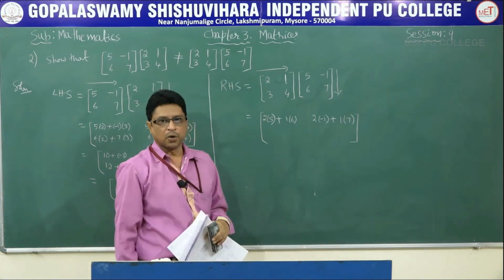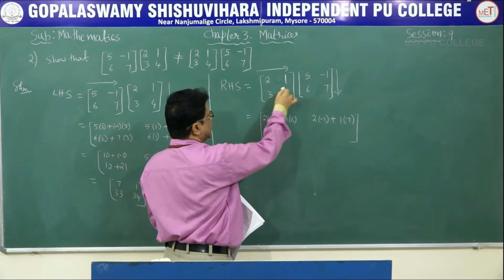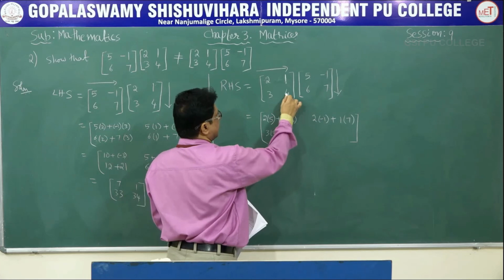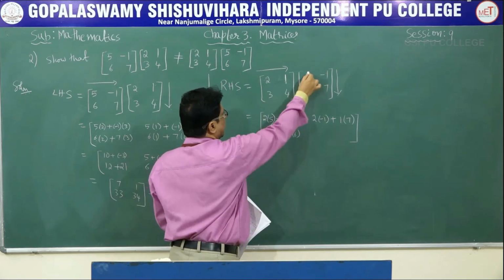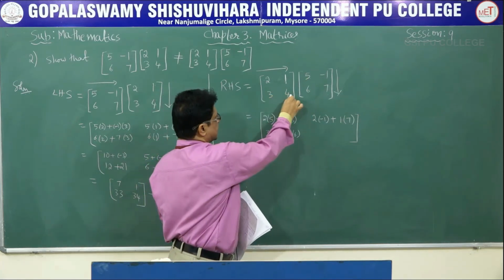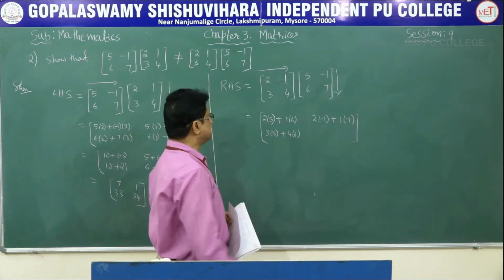Next row is 3 into 5 plus 4 into 6, that is second row into first column. Next element is second row into second column.